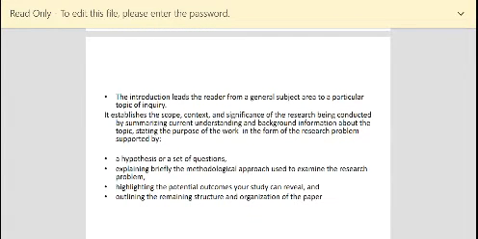In this, the introduction leads the reader from a general subject area to a particular topic of inquiry.